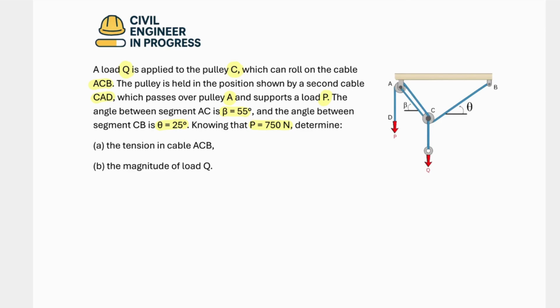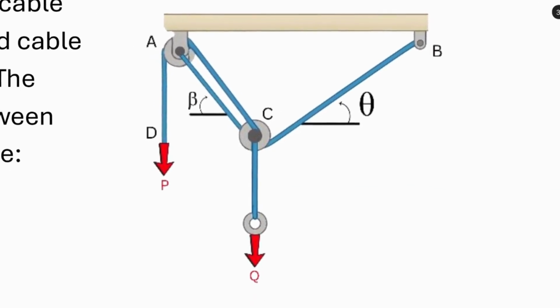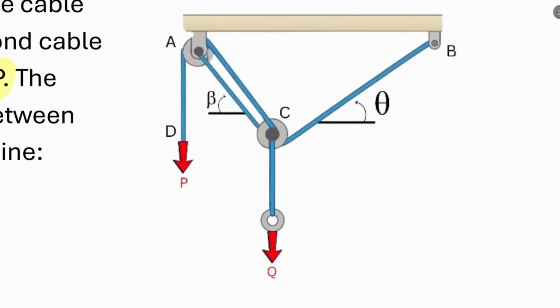So first, I'm gonna try to explain a little bit what all of this text means with the pulleys. So if we zoom in a little bit, we can see that this pulley goes around the pulley to B. B is a pin, so it doesn't move from there. This one is also a pin over here, so it doesn't move over there.